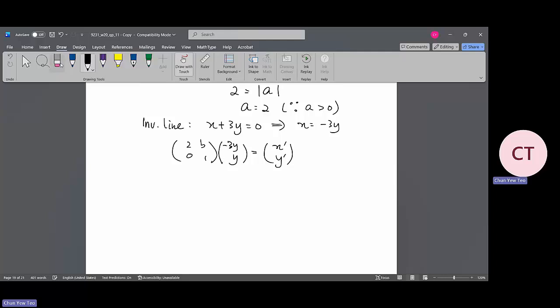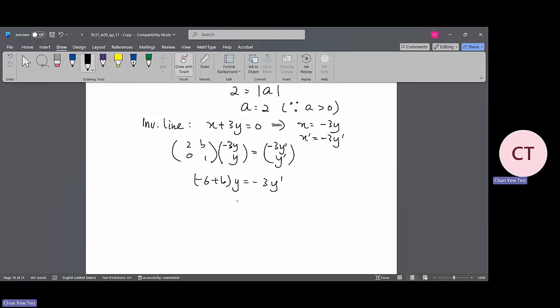Same thing goes for the image on the invariant line. The x' will become negative 3y', because it's an invariant line. So you expand as usual, and you get negative 6 plus B multiplied by y is equal to negative 3y'.